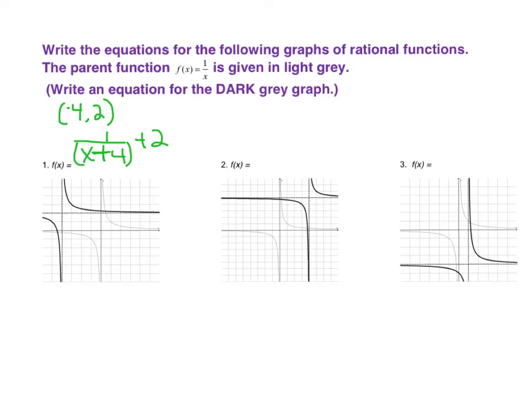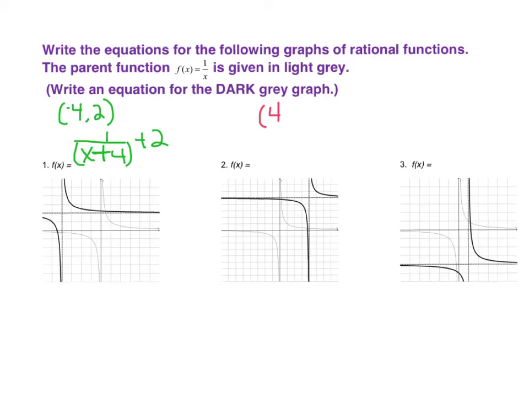So in order to write this equation, I need to find the intersection of my two asymptotes, and I need to find the ordered pair that represents that intersection. And it looks like from 0, 0, I go over to the right 1, 2, 3, 4. So that means I'm going to have an h value of 4.